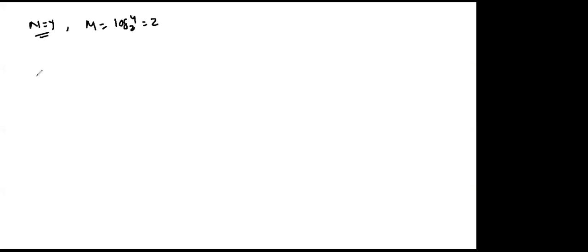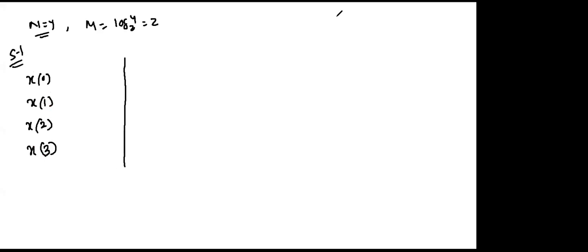Then the same, you take input x0, x1, x2, x3, because input is in the same order. This is stage 1. Then how to do the butterfly? Same. x0, x2. And the second butterfly is x1, x3.